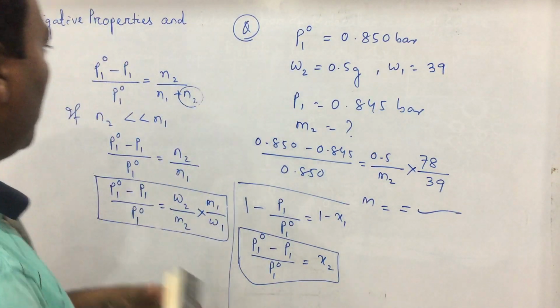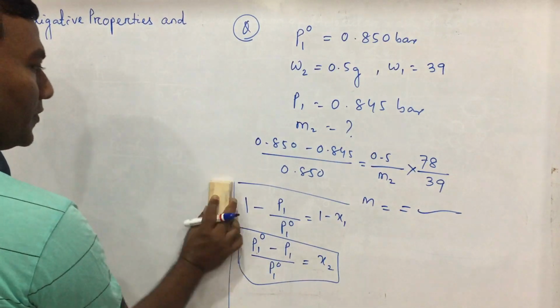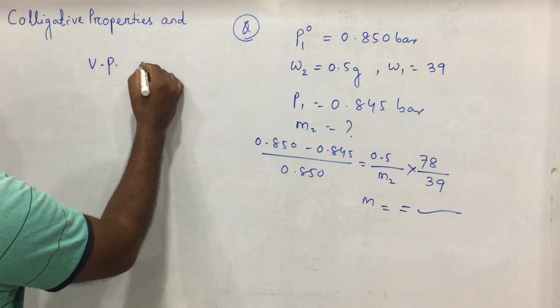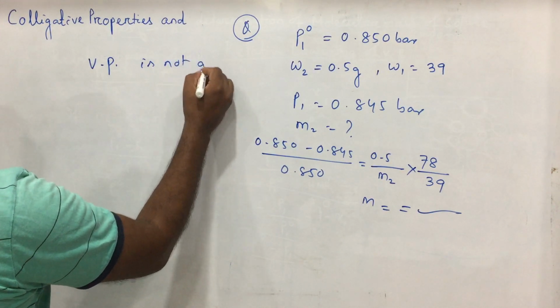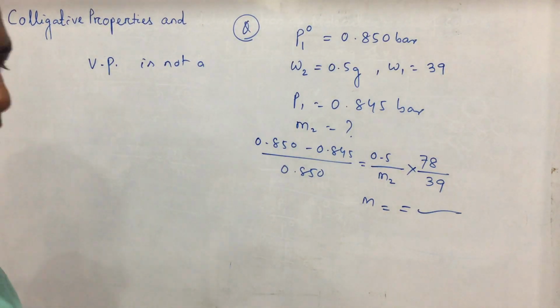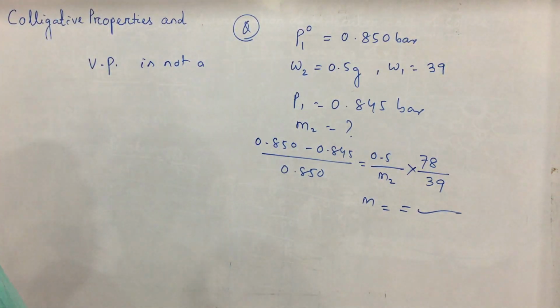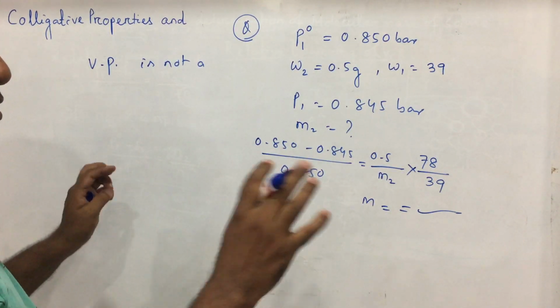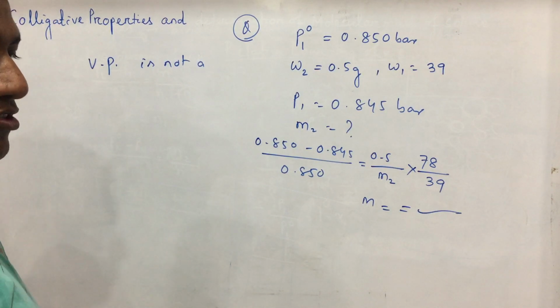Remember, vapor pressure is not a colligative property, because vapor pressure does not depend upon the number of solute particles present in the solution.